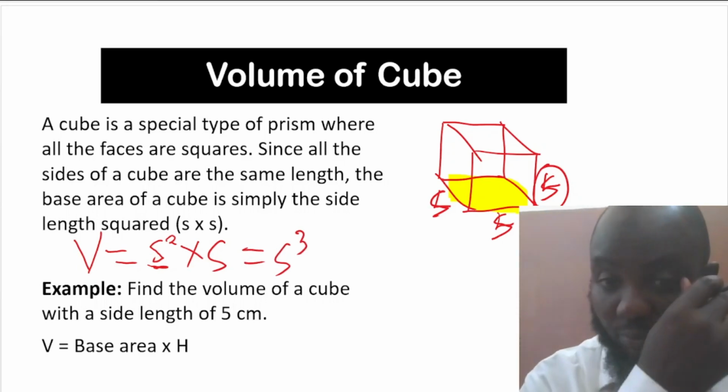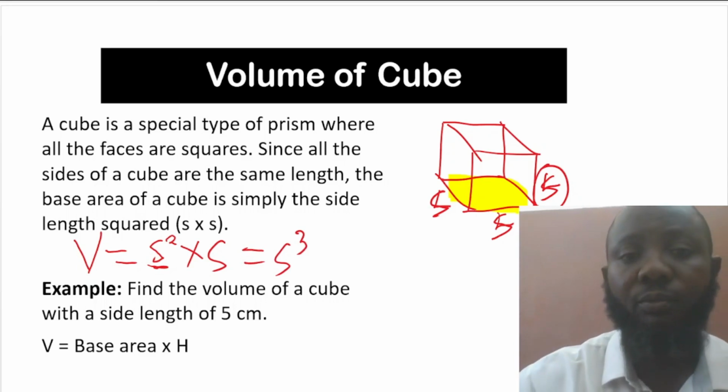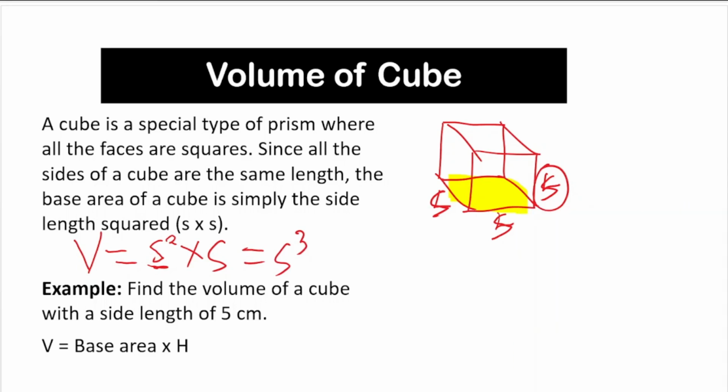Now let's look at this example. We have: find the volume of a cube with a side length of 5. The base area here is going to be 5 times 5.